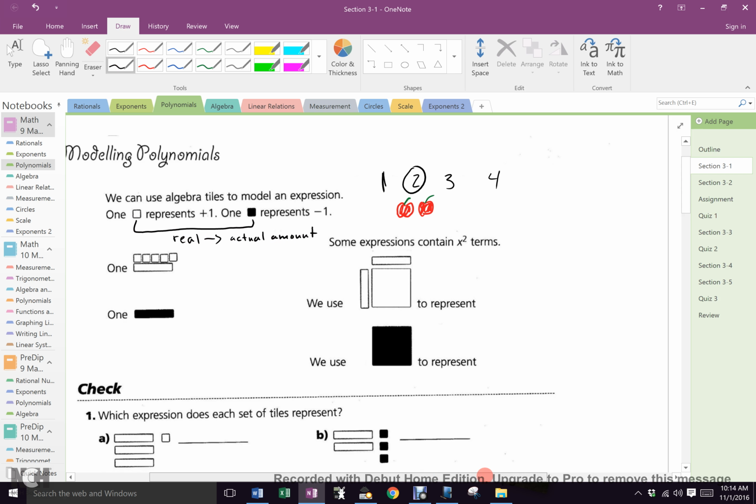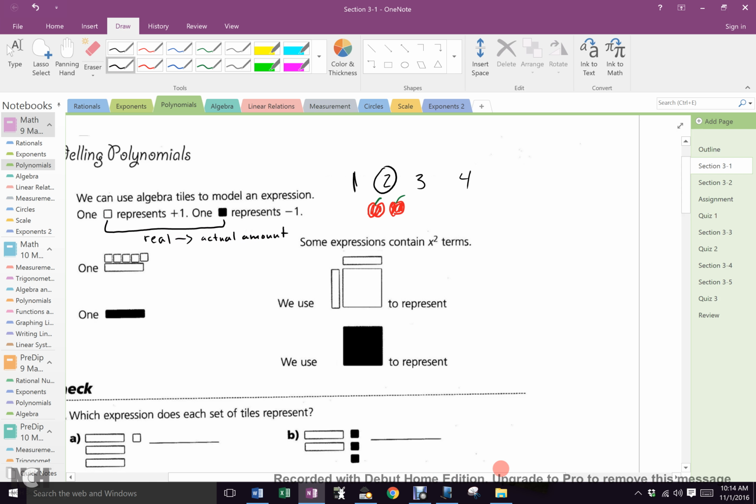So if I ask you to show me an actual drawing of this symbol using these pictures, what would you draw? Dale? Depends on if it's positive or... Well, do you see a negative sign in front of it? No. So what is it? You do 4 white little boxes. Is everybody cool? Yeah.